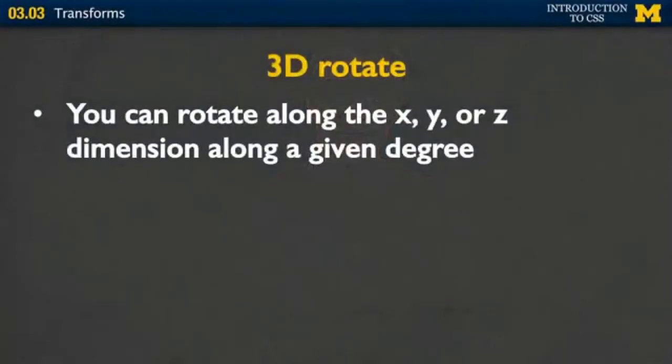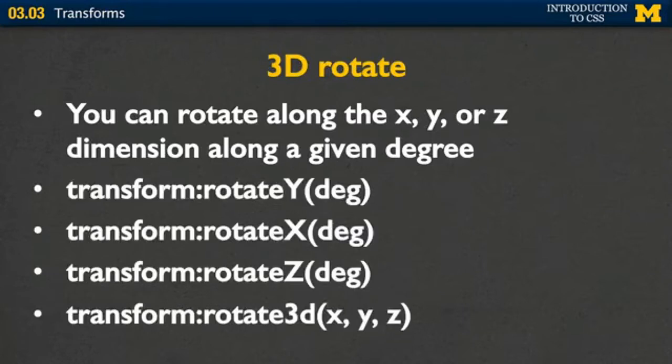So the other ones that we just talked about were two-dimensional transforms. We can also do three-dimensional transforms, and they're very similar to the ones we just talked about. So for instance, with rotate, now instead of just rotating along the x or y axis, we can also rotate around the z dimension as well.